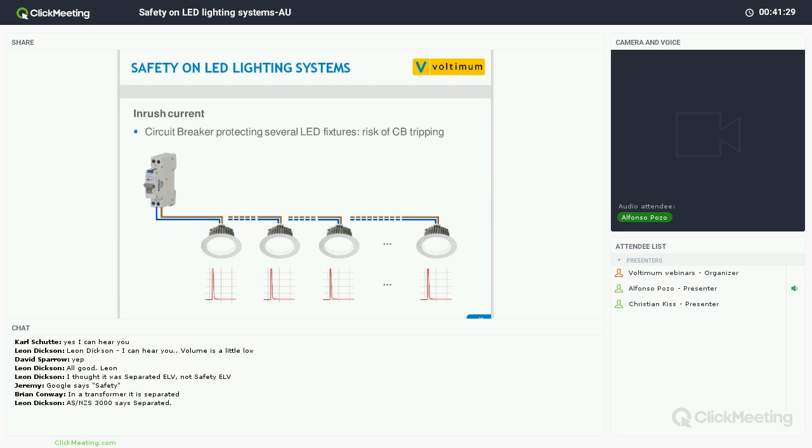Also, the more LED fixtures connected together to the same switch protected under a single circuit breaker, the higher the inrush current. Because this inrush value is cumulative, having n number of LED luminaires increases the total current passing through the circuit breaker, obviously causing tripping. The duration of the inrush, as said before, is very short, just a few milliseconds, but it can trigger a circuit breaker if the current reaches the maximum tolerable value of the breaker.